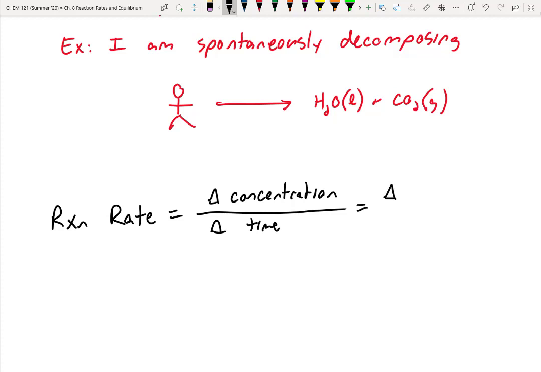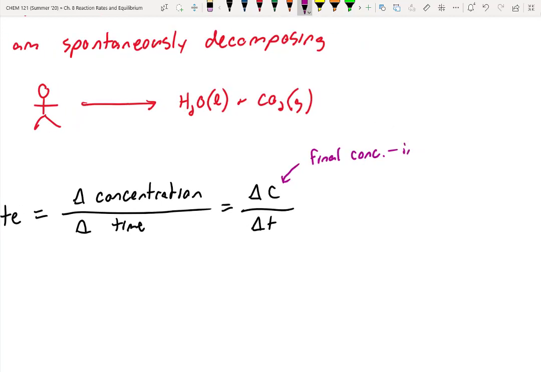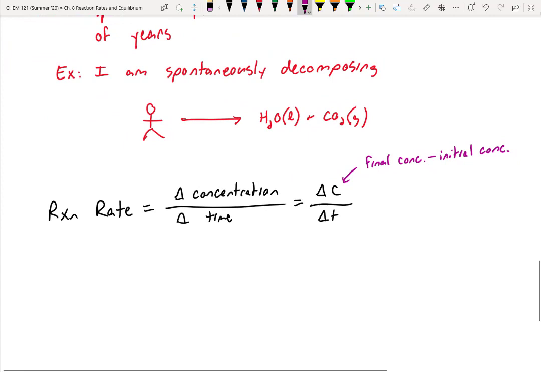Oftentimes you just see this written as delta C over delta T. And so what does delta C equal? It's going to be equal to your final concentration minus your initial concentration.